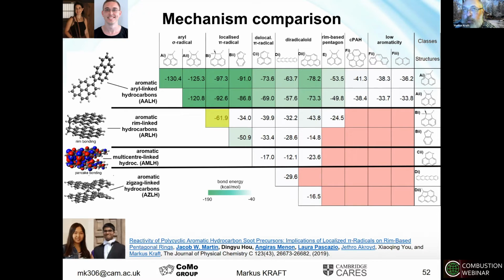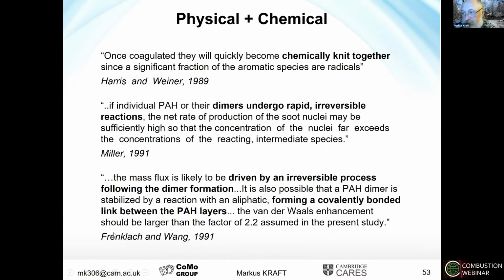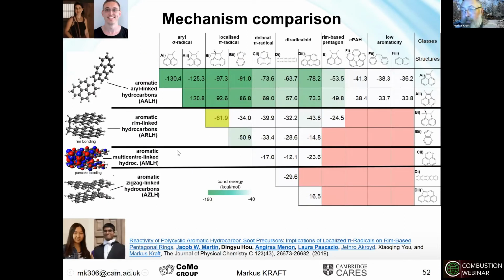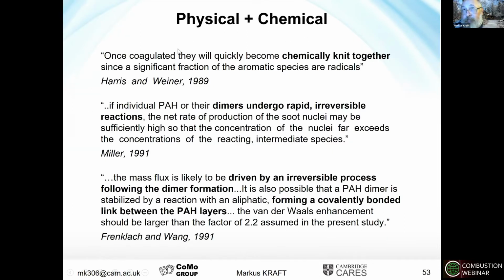Okay, so many people worked on this, and a lot of computing time has been spent to create this nice interaction matrix. So you see Laura, Yingyu, and Angeras. Now, of course, we are not the first to talk about physical and chemical interactions. If you go through the literature, you see that Harris and Reiner in '89 already said it.